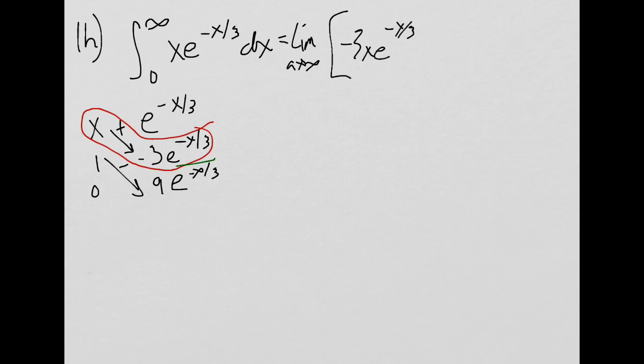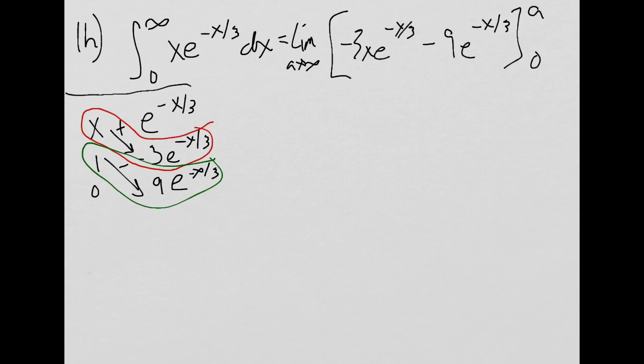My next product is these two. So I'm going to get minus, again, 9 e to the negative x over 3, close bracket, from 0 to my a value, which is going to go to infinity.